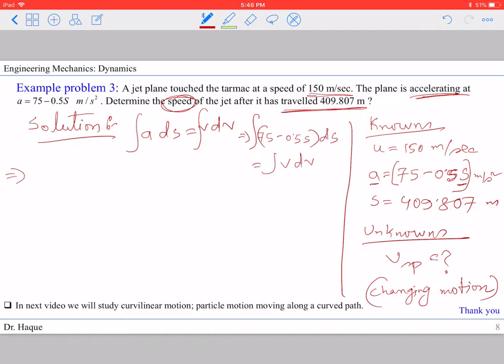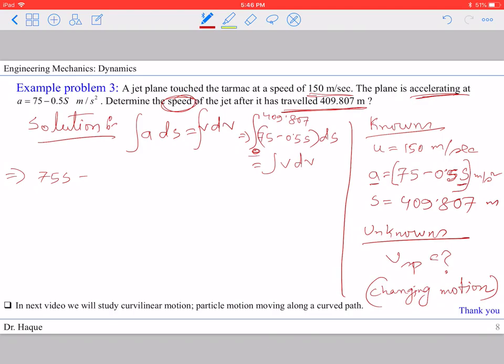If we do the integration, we get 75 s minus, okay, the limit is from 0 to 409.807. The initial position is 0 because it starts as soon as the plane hits or touches the tarmac.